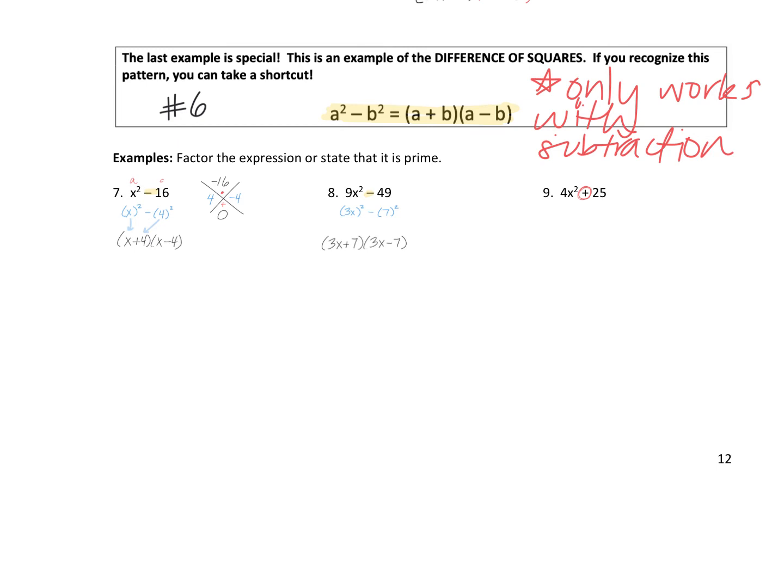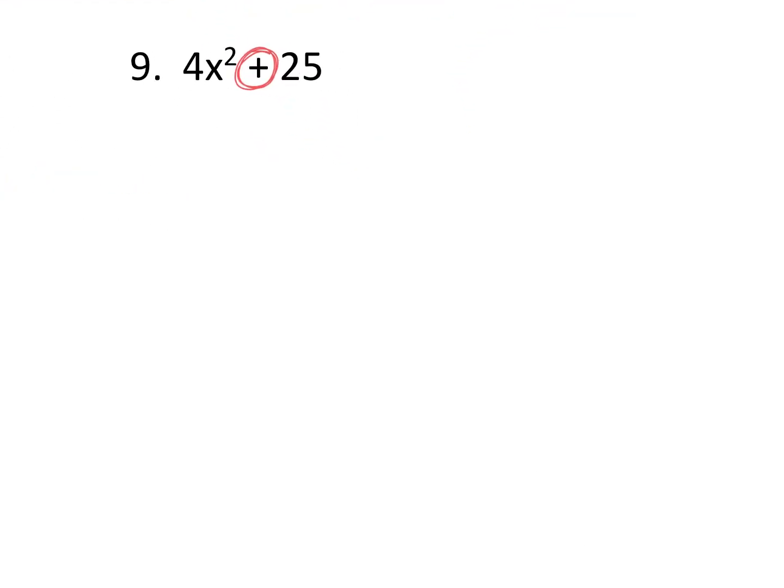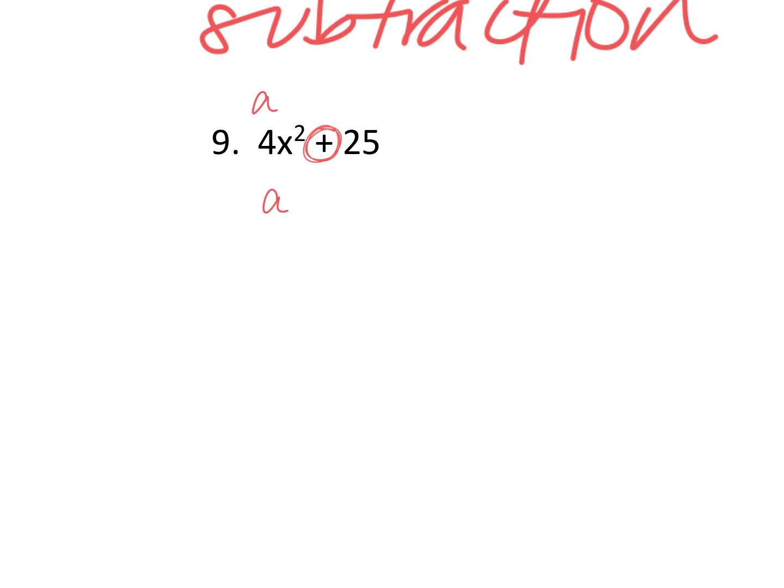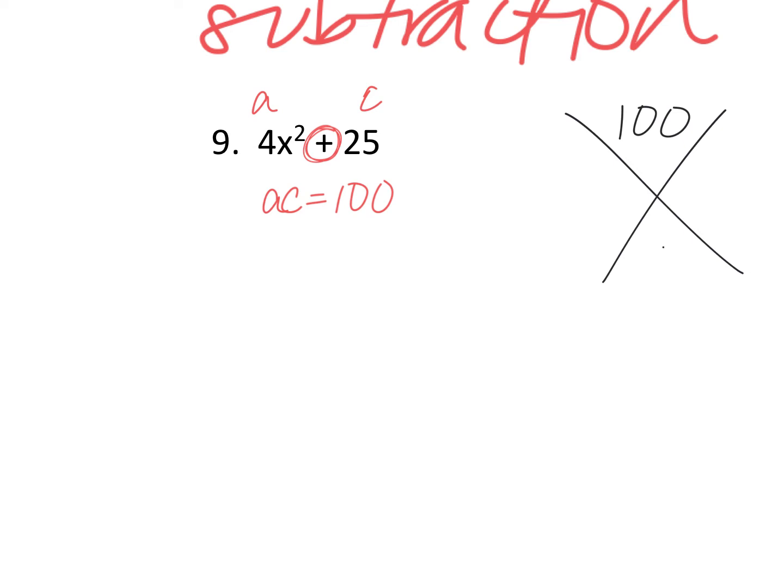On number 9, if you try and multiply your a times your c and do this normally, a times c here, because we have a and c already and b is 0. A times c is positive 100. So you're finding two numbers that multiply to positive 100 and add up to 0.